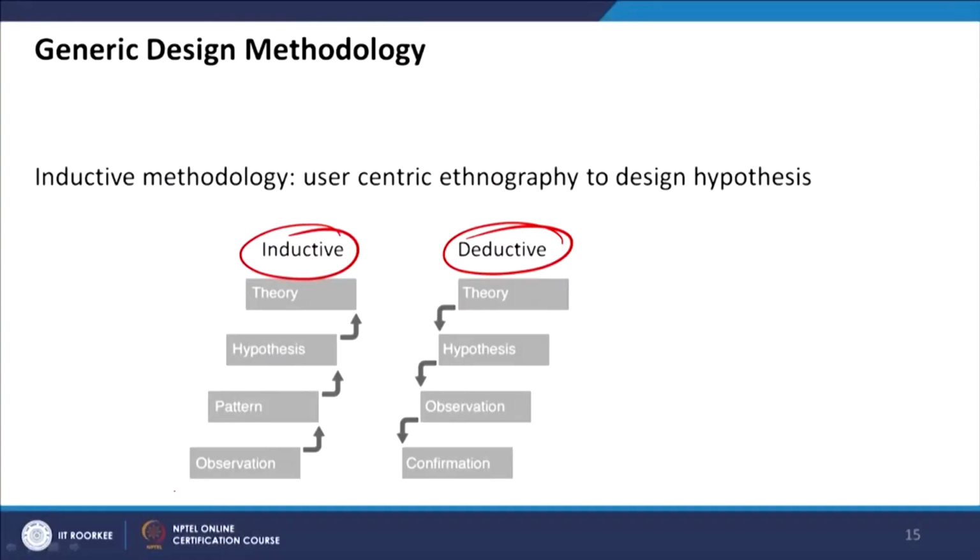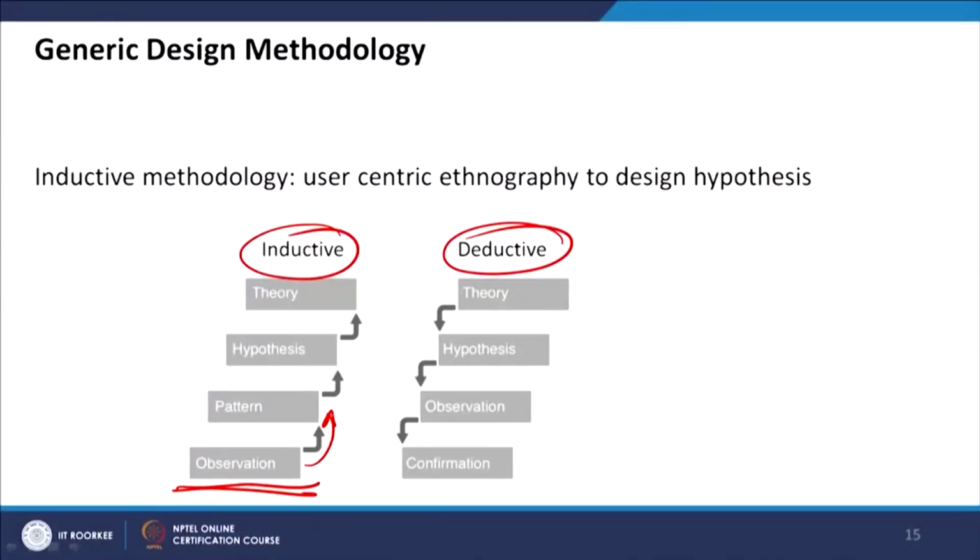In the inductive methodology, the observation or the user survey comes first, in the case of user experience design or user interface design, and in other cases the observation of the phenomena, what is happening in the natural setup, comes first, and then we see the pattern. What is the pattern, the similarity between these different cases of observation?